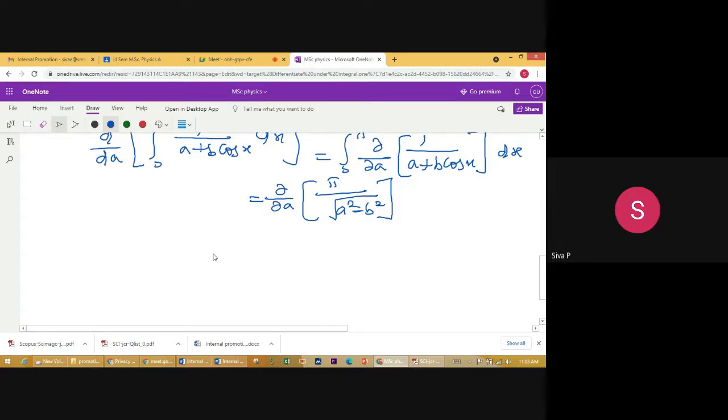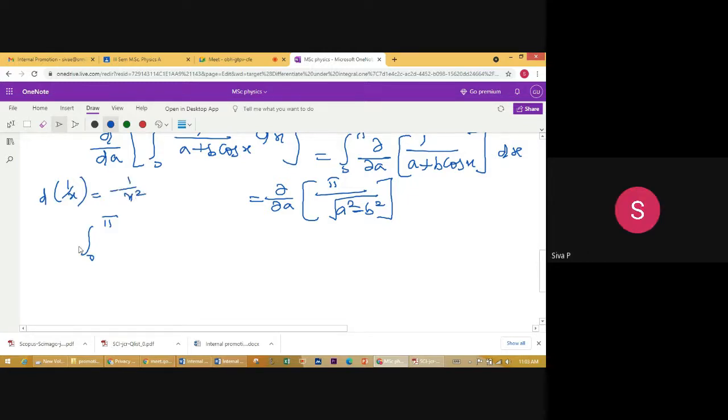So what about the left hand side? If you differentiate with respect to a, what happened? Integral over 0 to pi. Can you tell me along with me? What is dou by dou a of 1 by a plus b cos x? It is in the denominator. What is the differentiation of 1 by x? Minus 1 by x square.